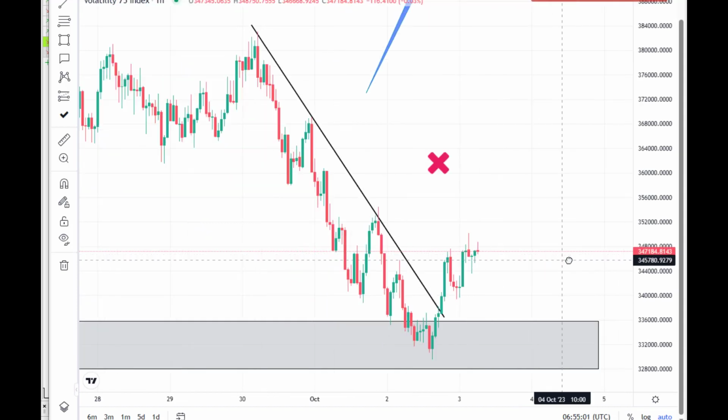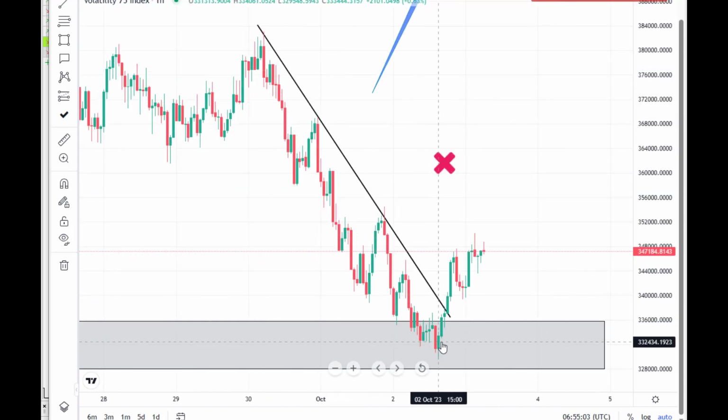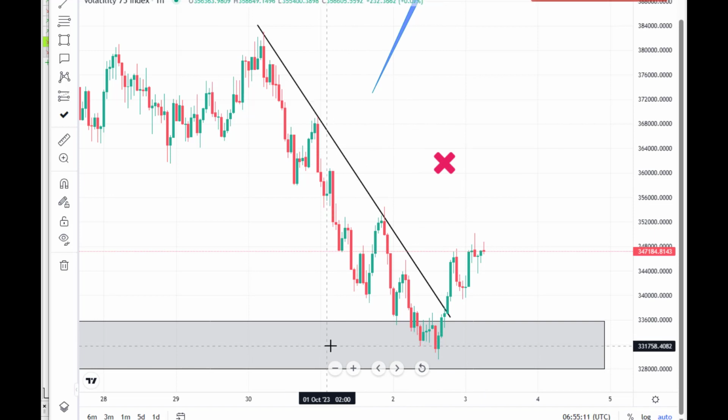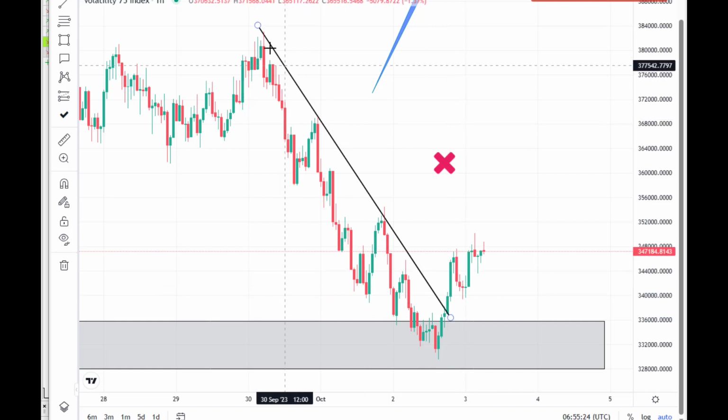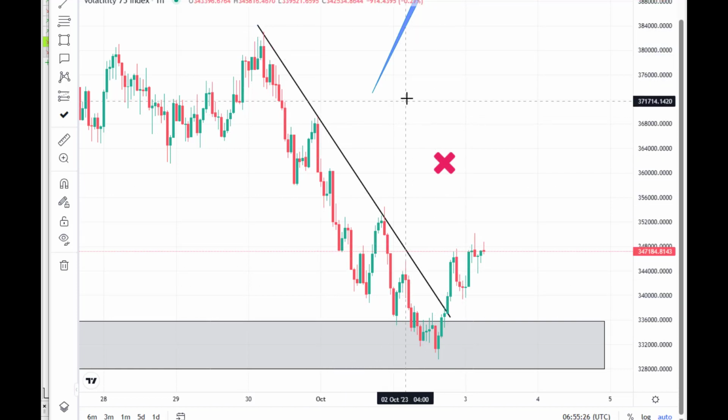But someone who drew a trend line like this and did not know that this is a zone here, trading this would be a mistake, because price will be reacting to this key support zone and it's probably going to break out. So if you start trading here, then you are wrong, or let me say you are not going to get a high win rate. That's one of the biggest mistakes. So always identify these major zones before you zoom into your trading time frame.